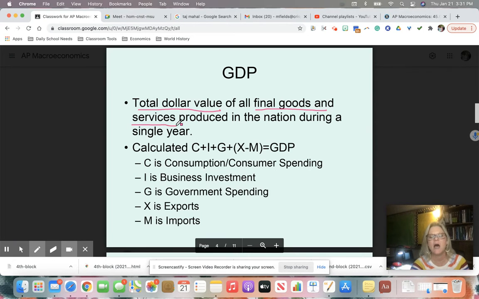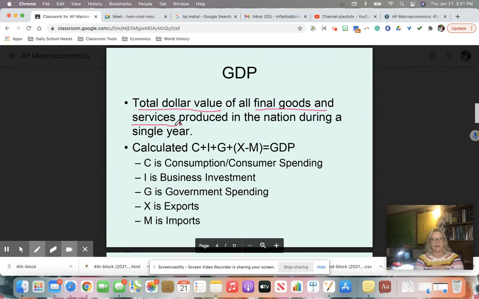So this does not include capital that people buy to produce their product. Here's an example. Let's say that you want to go buy a 2020 Ford Mustang. That is your dream car. You go to the Ford dealership and buy a brand new 2020 Ford Mustang.